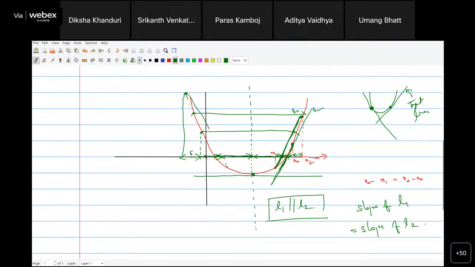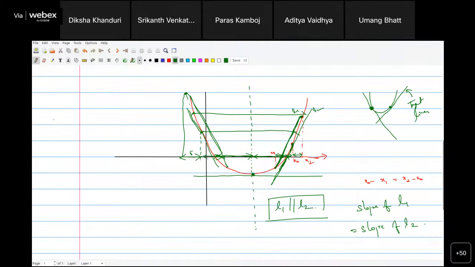If you join these 2 points, that will be parallel to the tangent line. This works only for quadratic functions, just like for straight lines where the slope is constant. If I take a line joining these 2 points, this line will be parallel to our tangent line.